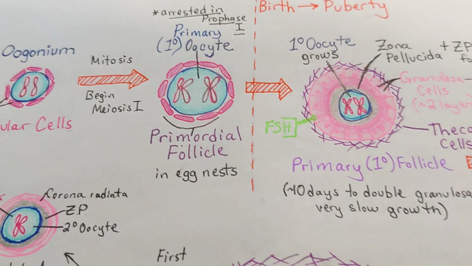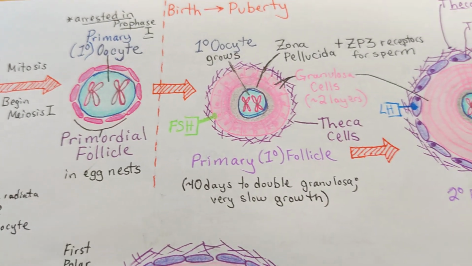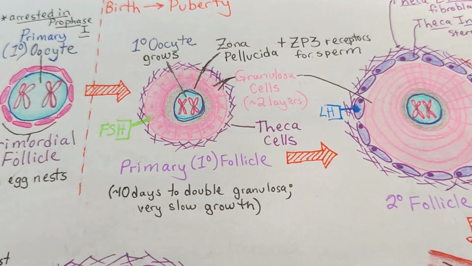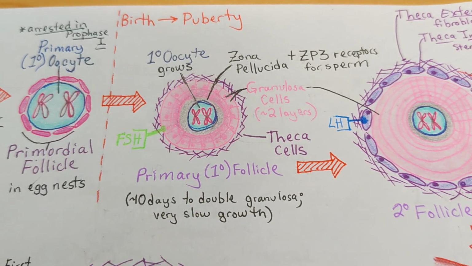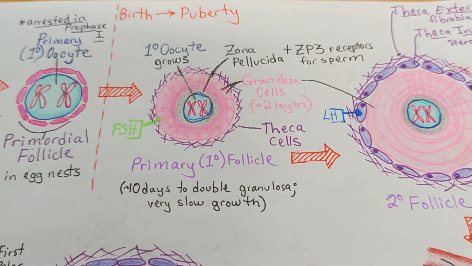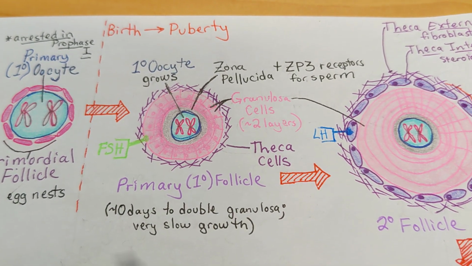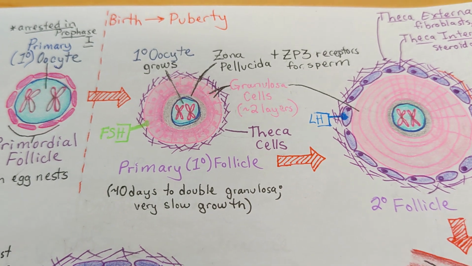So that is what the girl's ovaries are like when she is born. The egg nests filled with primary oocytes in the primordial follicles are just going to hang out until she reaches puberty. From then on, every month, this series of events is going to occur.